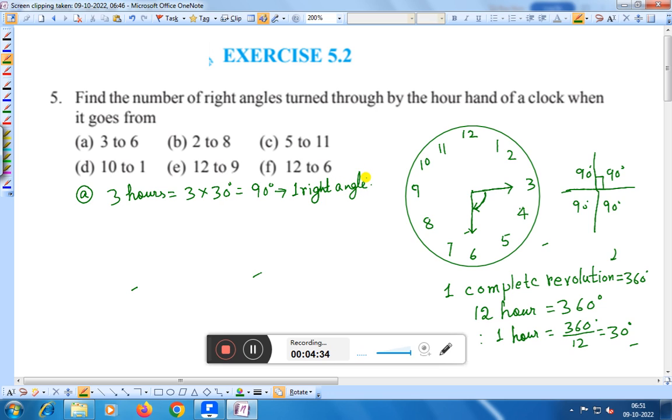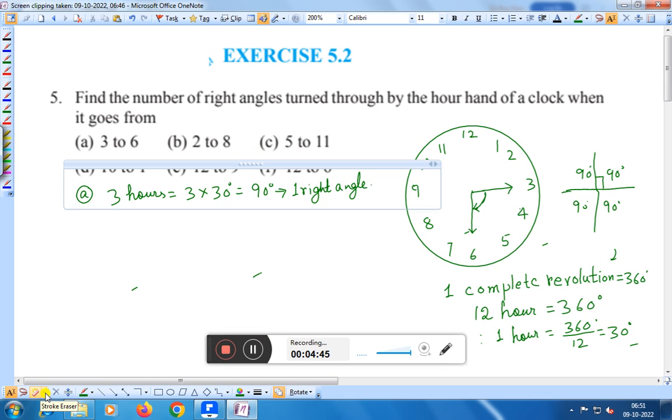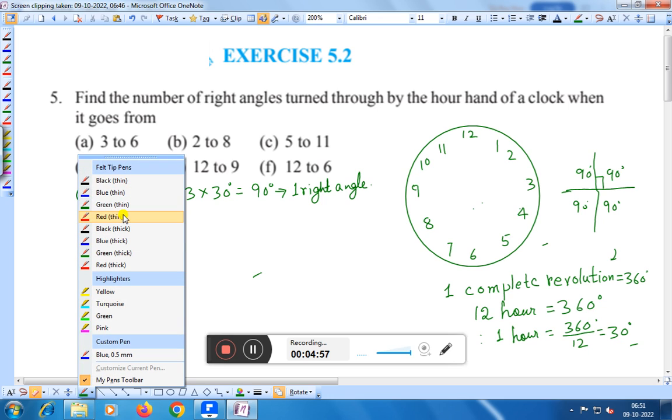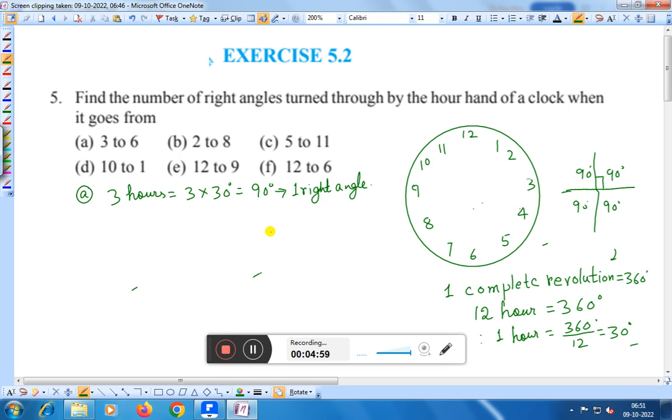Now question number B, if it goes from 2 to 8, let us find what we are getting. If it goes from 2 to 8, you see, we remove this one, right?